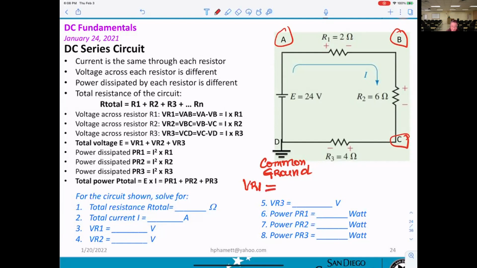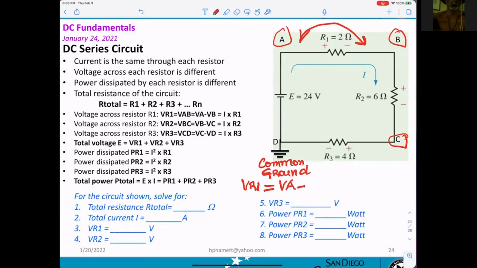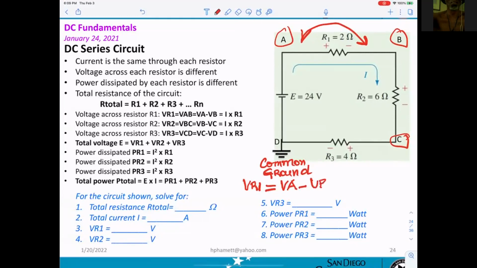VR1 means the voltage across this resistor. And if you're looking at the schematic, it will equal VA minus VB. That means VA minus VB, and normally I can say VAB.